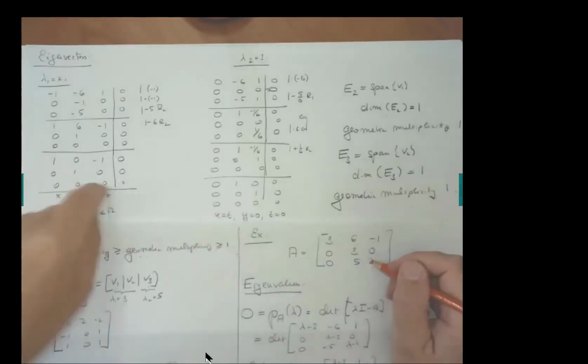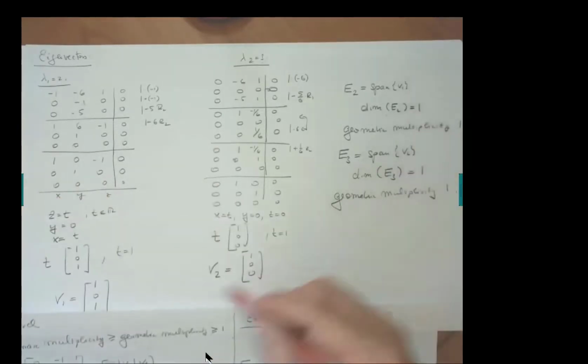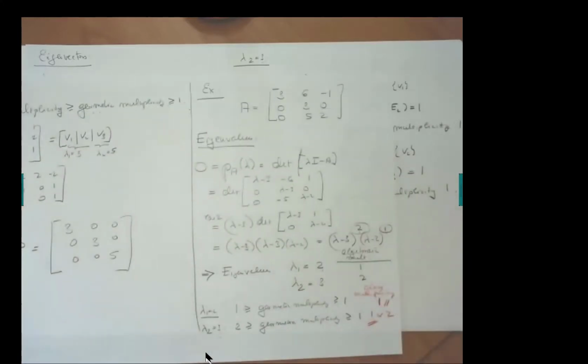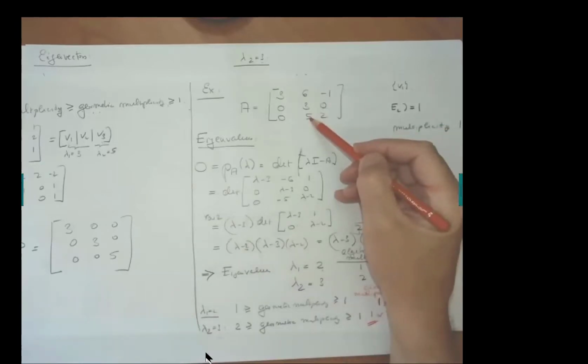But this matrix has only 2 eigenvectors, let's say here, v1 and v2. It doesn't have 3. So not every matrix can be transformed into a diagonal matrix. And this matrix is an example.